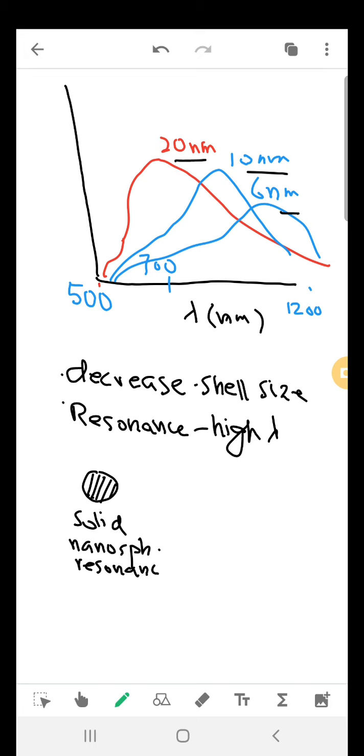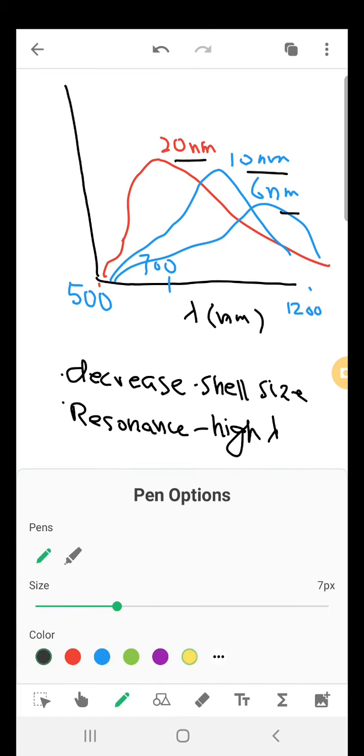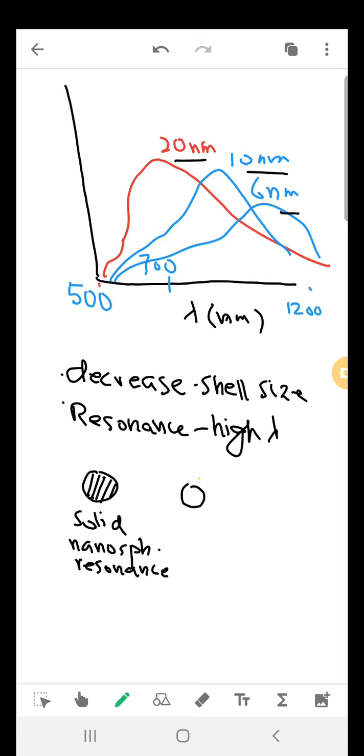As we move to the core shell, it will look something like this. We'll have a silica core surrounded by gold like this.